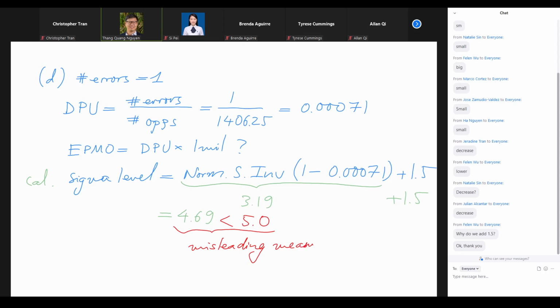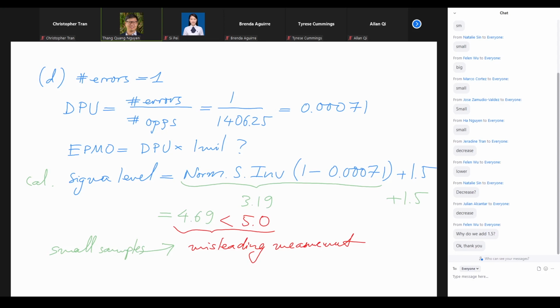Misleading measurement. And the reason is we have a small sample here. When we have small samples, if we see 1 error, then that 1 error is way more than the 0.32, right?